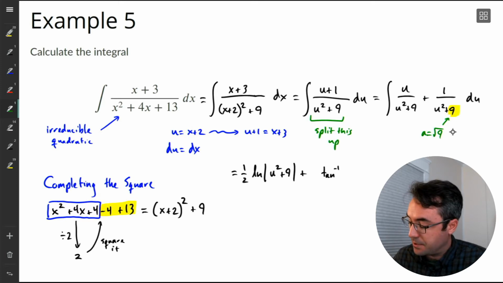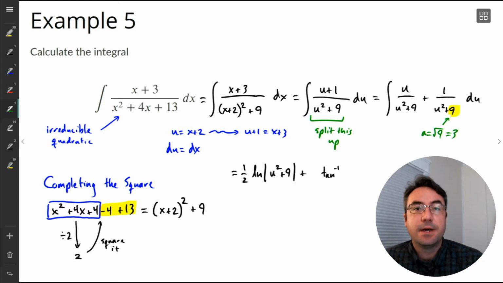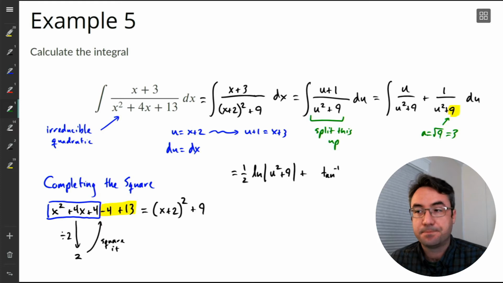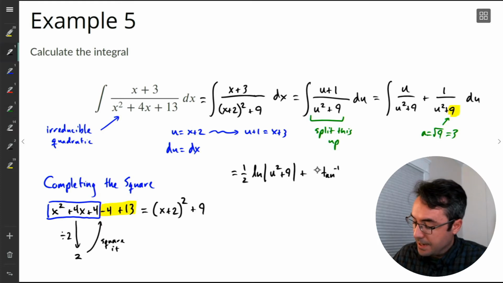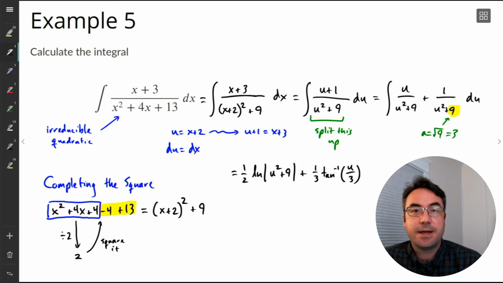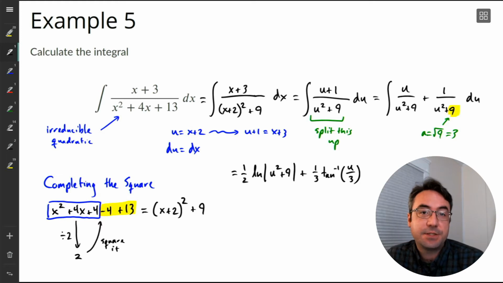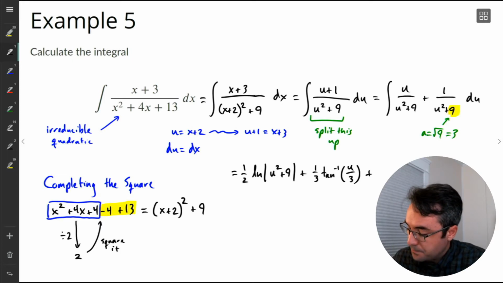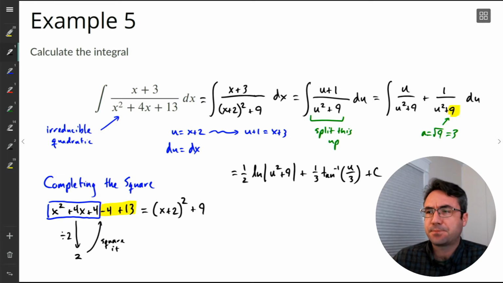So a is equal to 3 in that integral formula. We're going to end up with a 1/3 in front, and then it'll be u over 3 inside our inverse tan function. That's just the integral formula on the previous page. Then we have our plus c. There we go. So this is looking better.